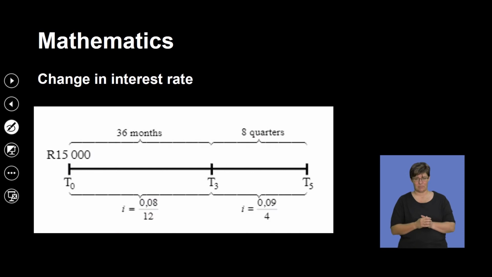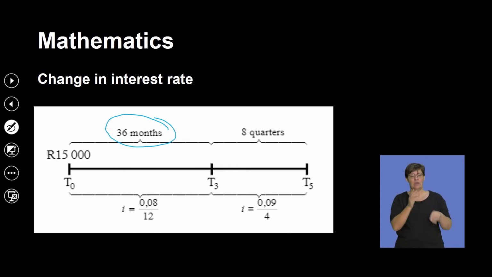So let's look at a number line for this. So you can see, guys, remember that we said n will be the number of times the person is getting interest. So between T0 and T3, Sibusiso is getting interest 36 times. So it's for 36 months. And the interest that he is getting is 0.08 over 12. And then for the remainder of the investment, he's actually getting the interest for 8 quarters.